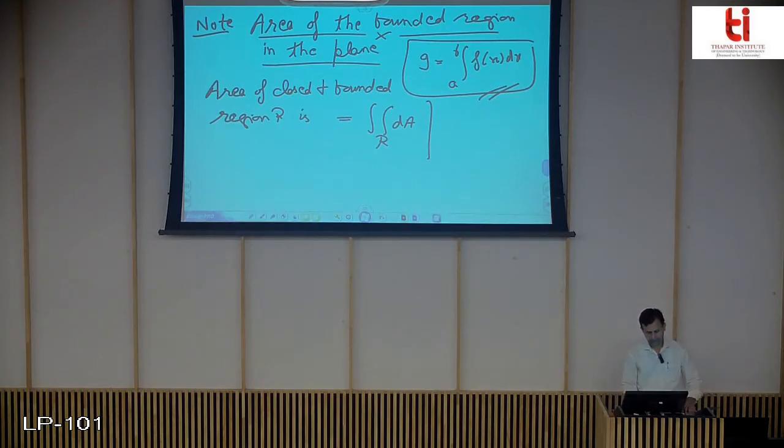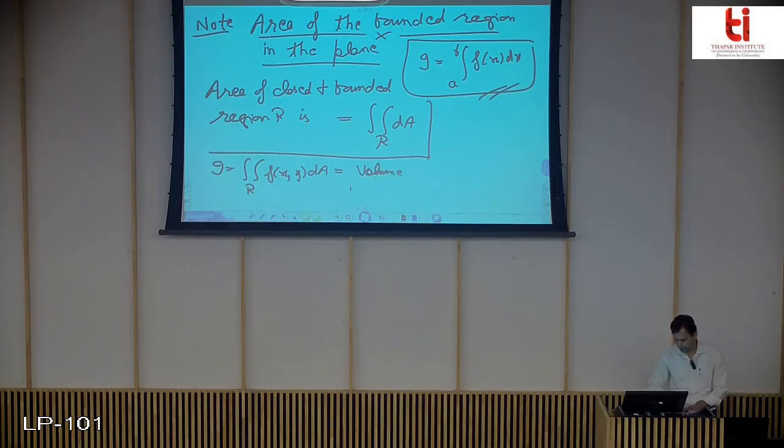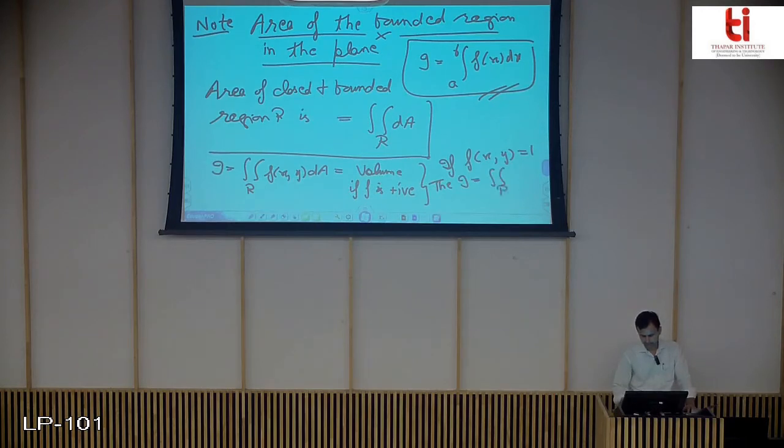Remember that when we were doing the double integral in the beginning, we said that this represents volume if f is positive. So volume is length, breadth into height. So if f(x,y) is equal to 1, then I represents area. f(x,y) is basically the z coordinate.